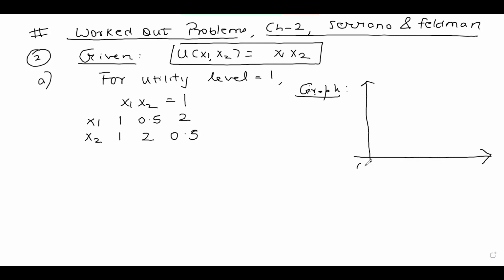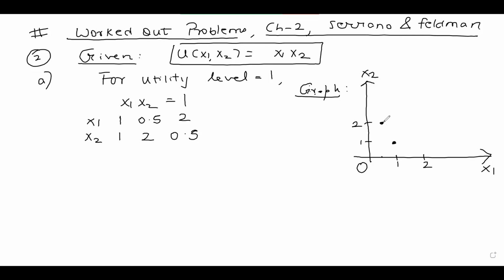On the horizontal axis, we have x1. On the vertical axis, we have x2. Let's take points. Suppose this is 0, this is 1, this is 2, and similarly 1 and 2. So the point 1, 1. Then x1 is 0.5 and x2 is 2.